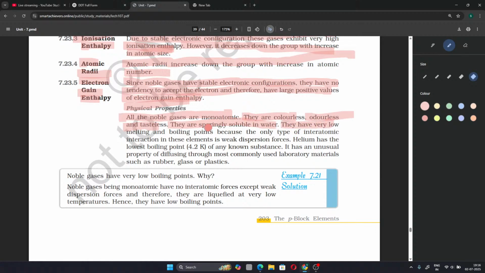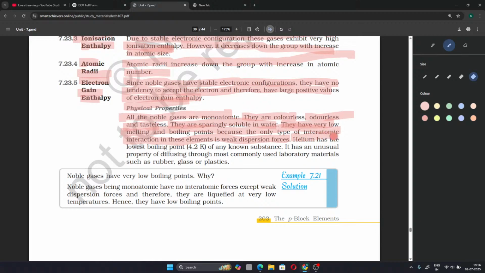They have very low melting and boiling points because the only type of interatomic interaction with these elements is weak dispersion forces. If there is no bonding, there are no forces between the molecules, or rather atoms. Because of such a reason, their melting and boiling points are very low.